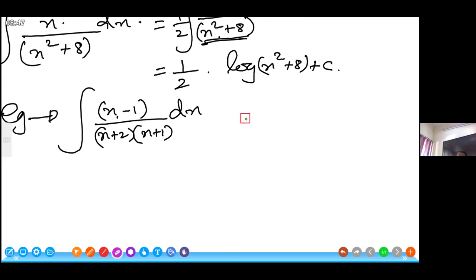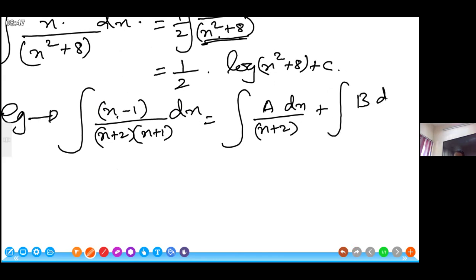So this can be written as the integration of a dx divided by x plus 2 plus b dx divided by x plus 1. We can write this in a different form.